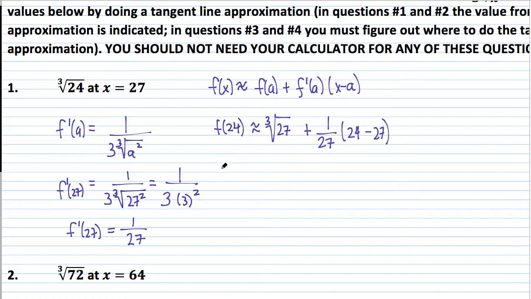So the approximate value for the cube root of 24 is the cube root of 27, which is 3, plus 1/27 times -3. That's -3 over 27, which I can simplify, so it's 3 minus, at this point, and both are divisible by 3, so that's -1/9.